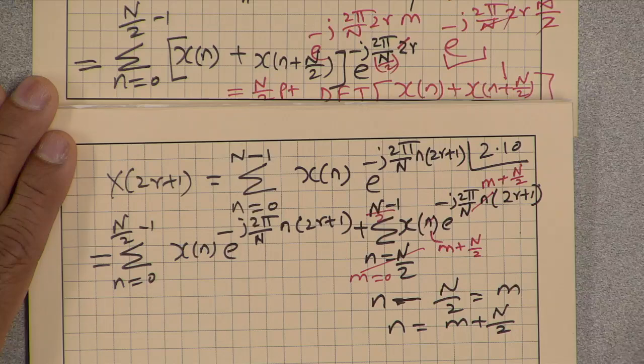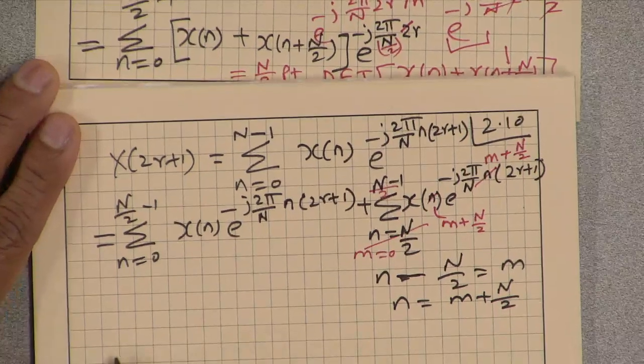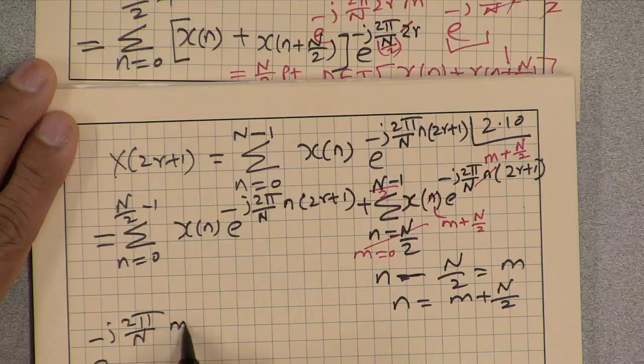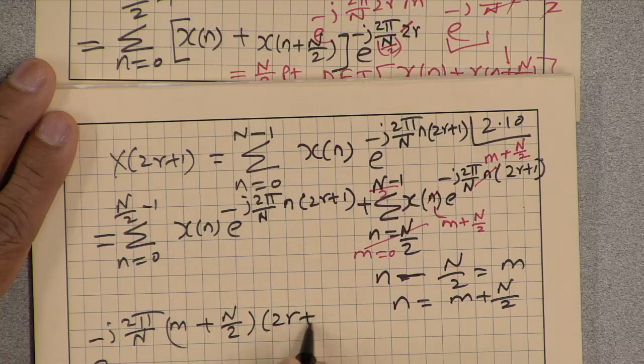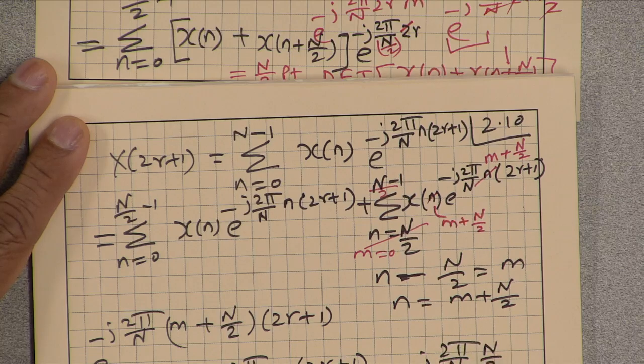Okay, so let's try to work on that part. So e to the power minus j twice pi over N times (m plus N by 2) times (2r plus 1) will be e to the power minus j twice pi over N times m times (2r plus 1) times e to the power minus j twice pi over N times N by 2 times (2r plus 1).